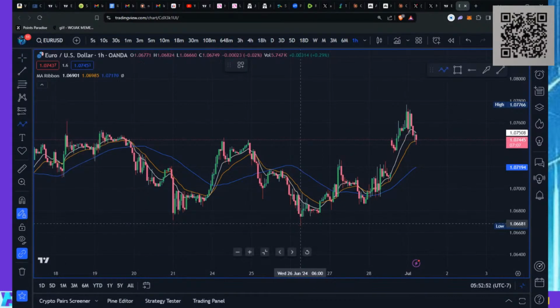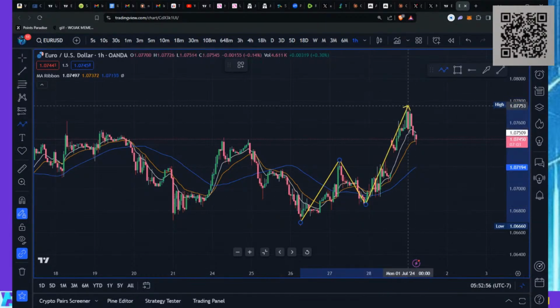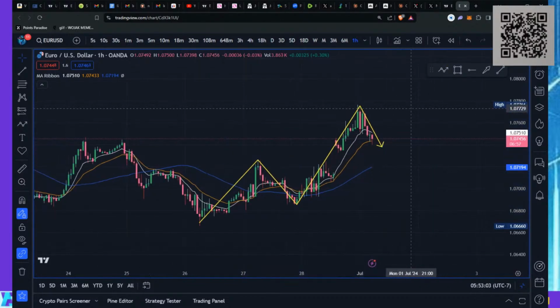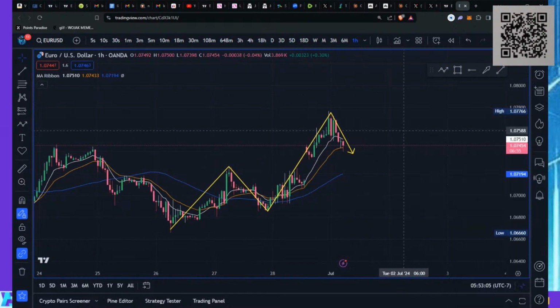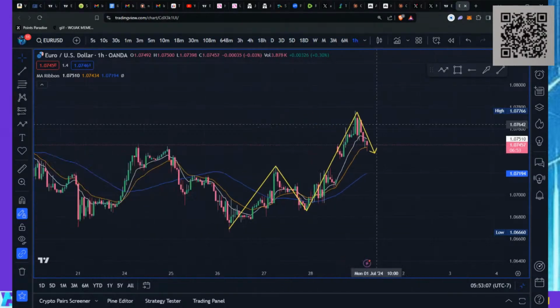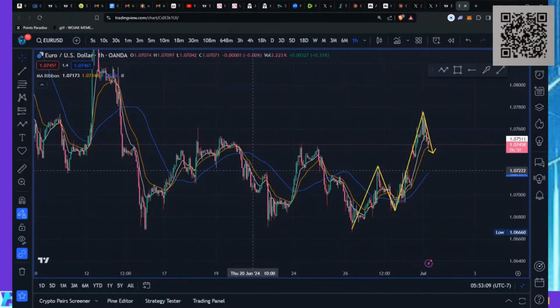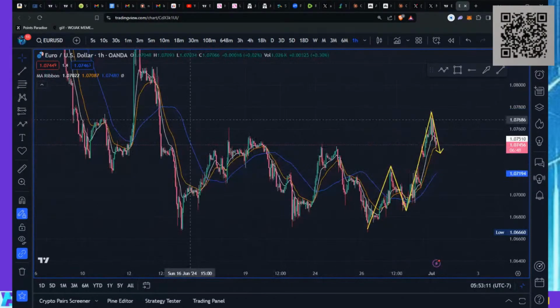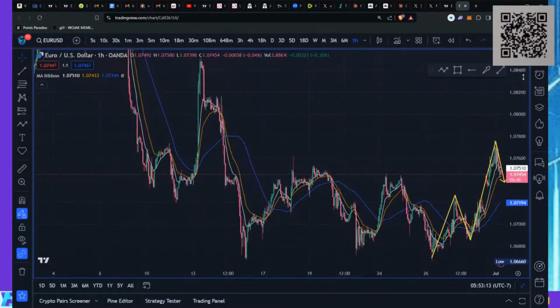So the hard move is going to be an impulse. The lesser move will be a retracement. This is a massive impulse, so you're going to get a retracement. Now, by the way, there will be a time when the impulses and retracements start to blend into each other, and then you just get a range. So it's not always going to be impulse and retracement, but this right here is very clear.